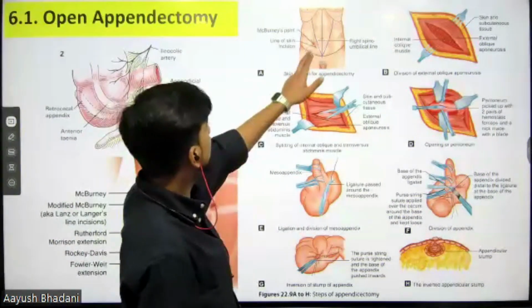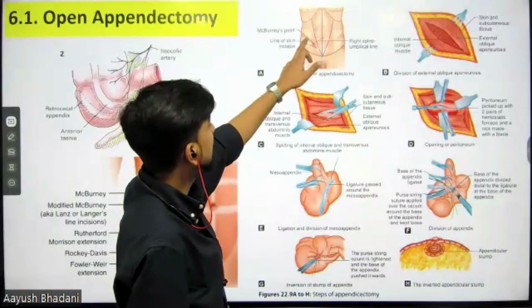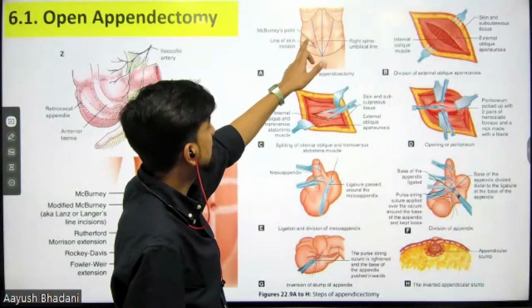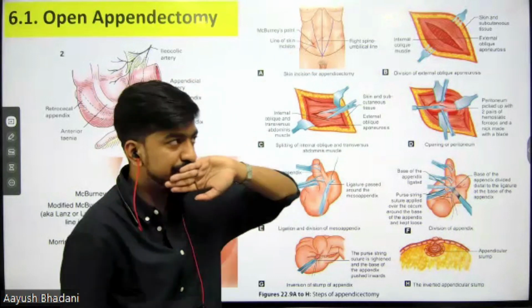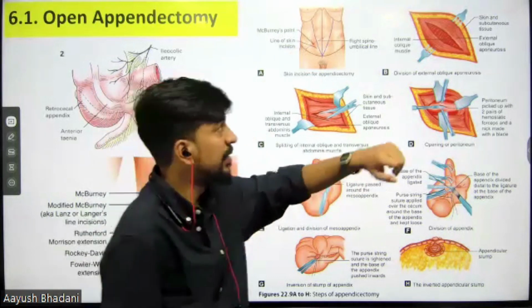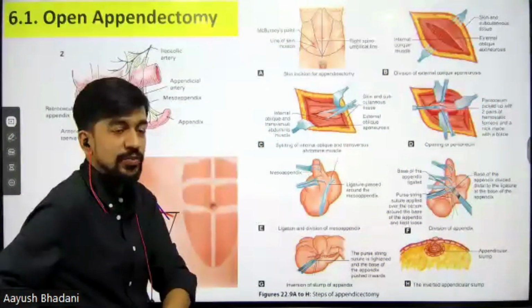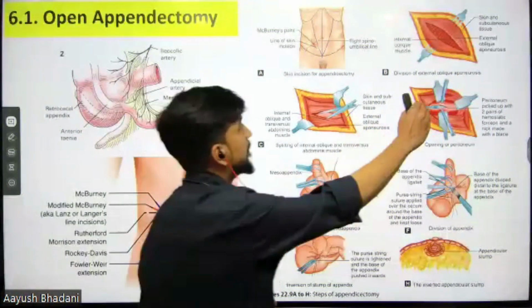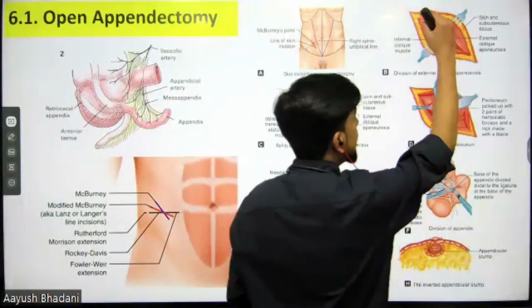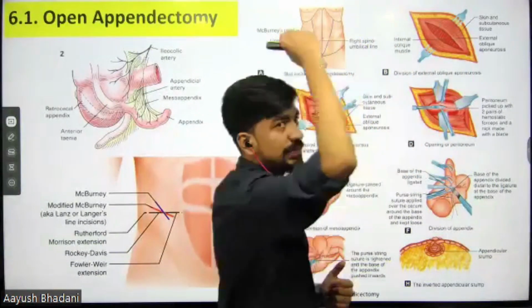Okay, great. So we have a spino-umbilical line, we have the McBurney's point, and we decided to put an incision perpendicular. Great, we put an incision perpendicular. What was the muscle over here? External oblique, right? External oblique, internal oblique, transversus abdominis, peritoneum, tada, abdomen. Okay. So we cut the external oblique along the line of the incision.